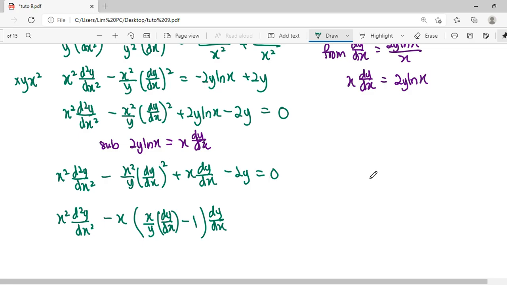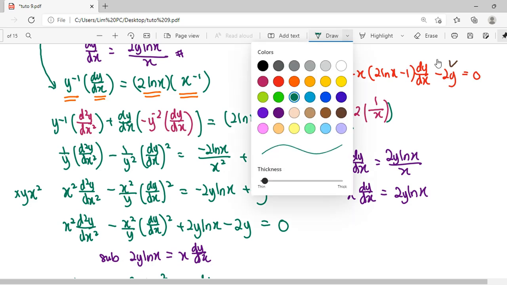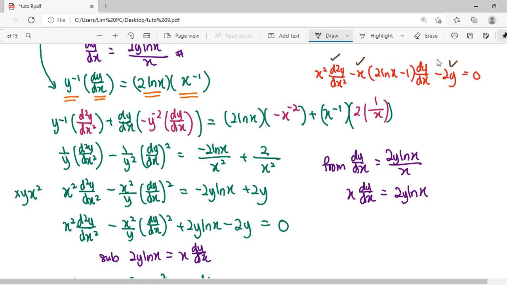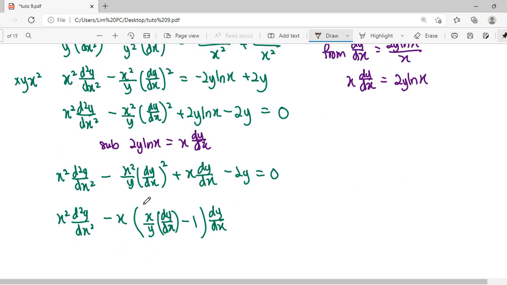Okay, so look at our answer. Where minus 1 we already obtained. Factorization here also obtained. Our answer, this obtained, negative 1 obtained. Try to express the remaining part here as equal to 2 ln x. Our remaining part here, okay, we can use our information from the first derivative where we already managed to see x dy/dx is 2y ln x.